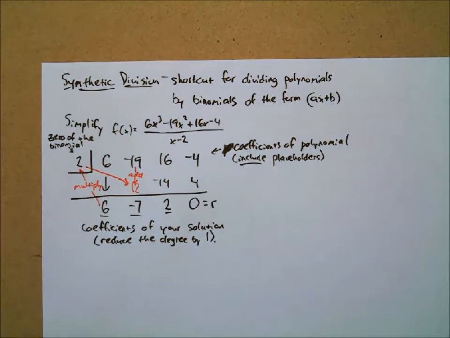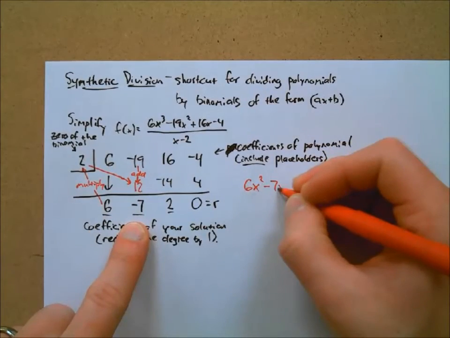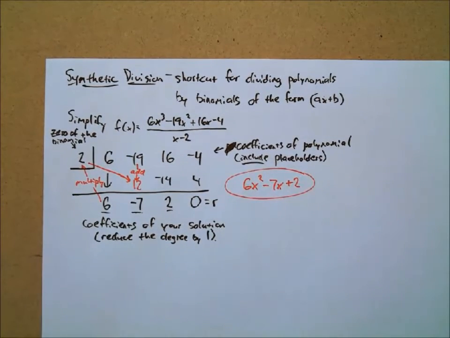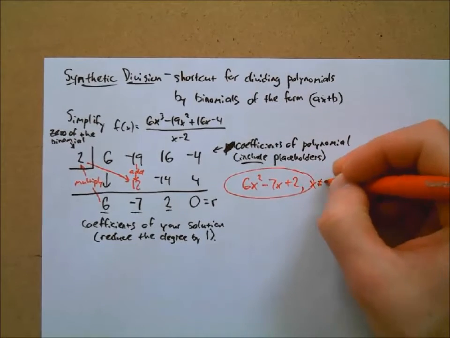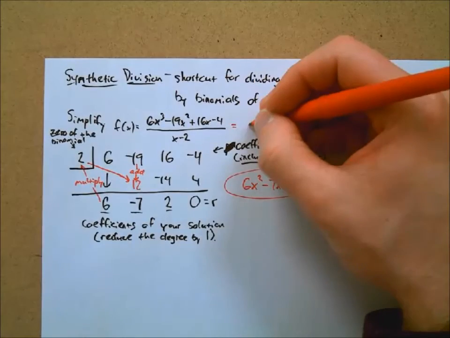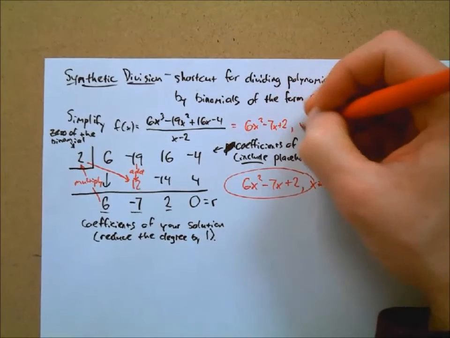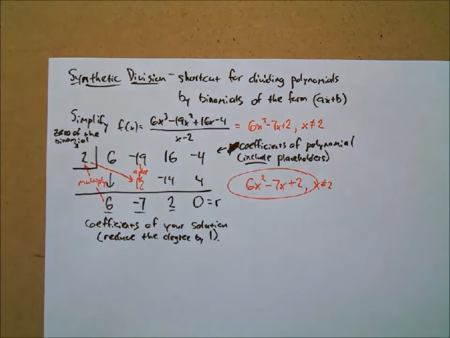And so our final answer here is 6x squared minus 7x plus 2. Technically, I could write x not equal to 2, so I could say these two things are equal as long as x is not equal to 2, because again, the domains would be different.